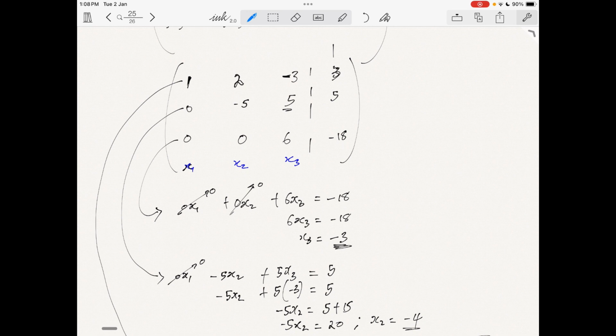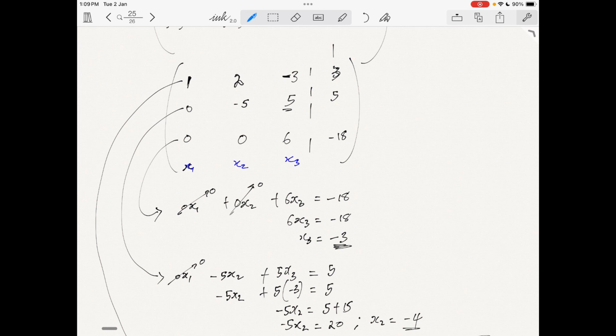Note that when dealing with an augmented matrix, we can interchange two rows, we can multiply a row by a non-zero factor, and we can also add or subtract a constant multiple of any row to or from another row.